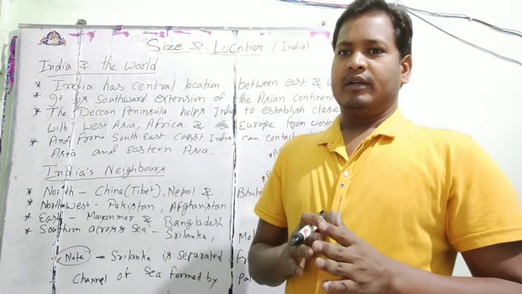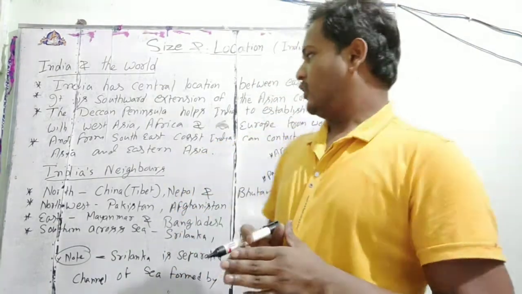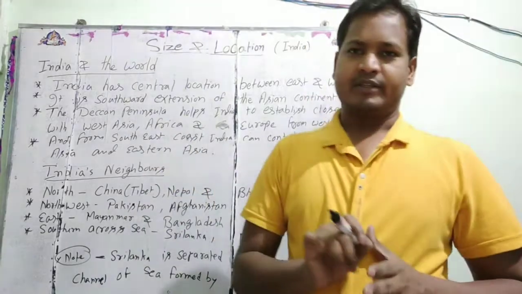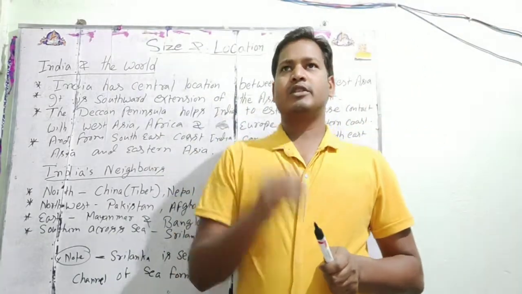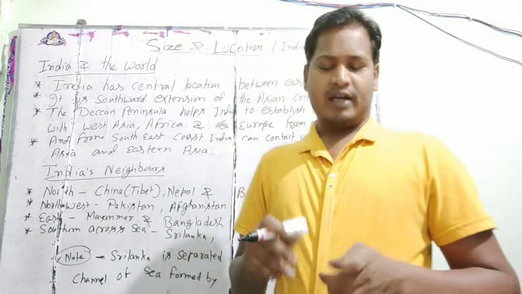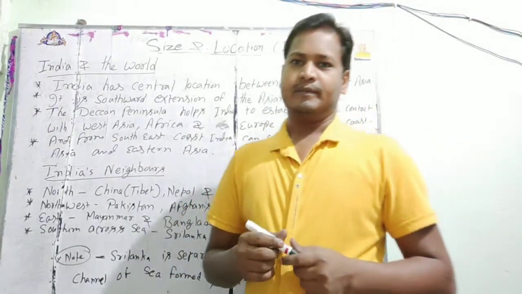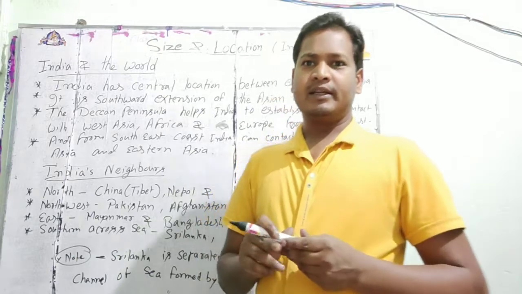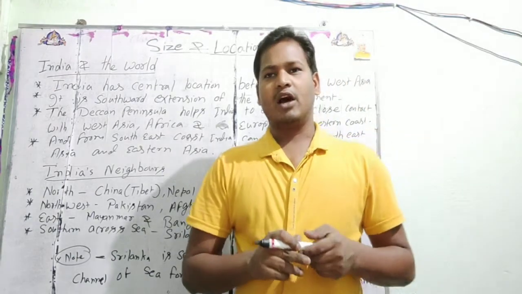Now move to the next topic. The topic is India's neighbors. All those countries that are situated nearby are known as neighboring countries. India has many neighboring countries. We will discuss all of them.